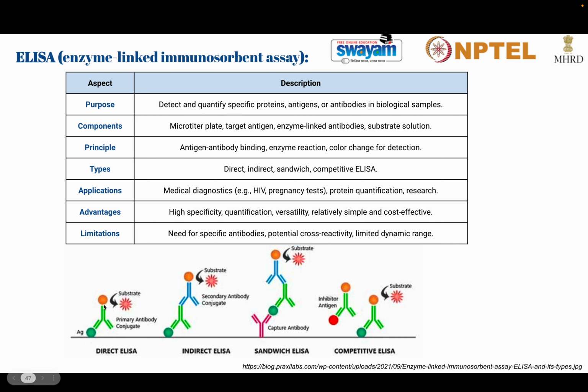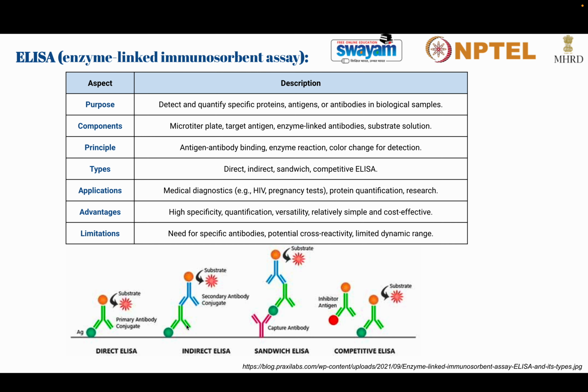If that binding will happen, then the enzyme will be able to catalyze this substrate and form the product, and a change in color will be observed, due to which you'll be able to detect whether binding has happened or not. So it is entirely based on the positive binding. Greater the binding, more the color change you'll observe. If there will be no binding, then you won't be able to convert the substrate to the product and you won't observe any change in color.